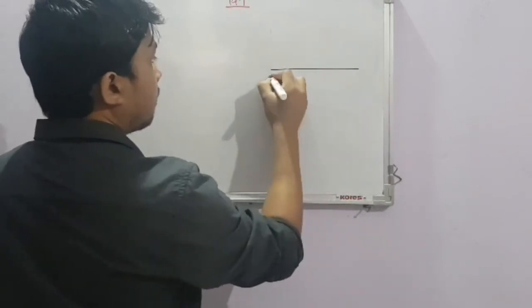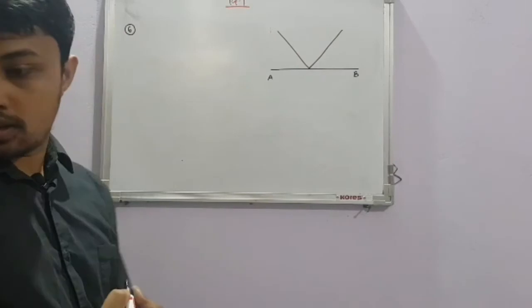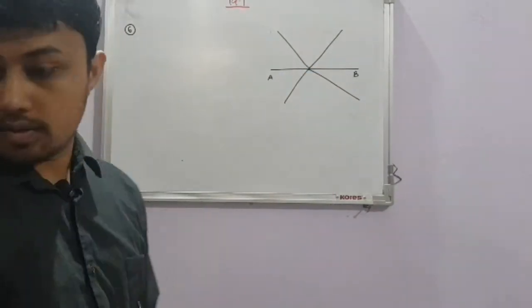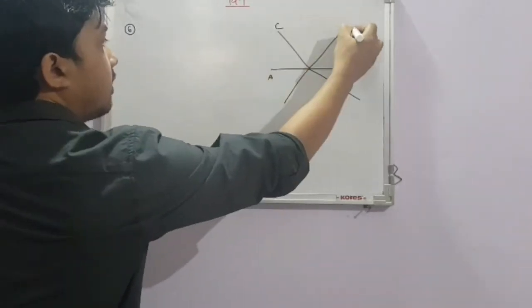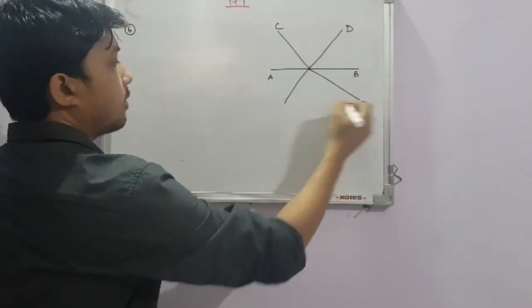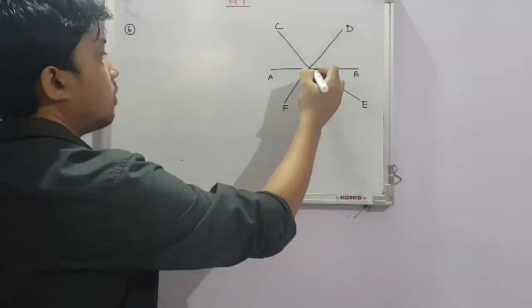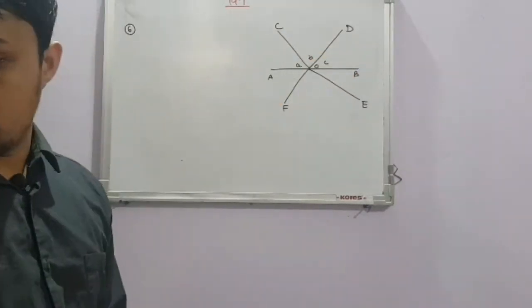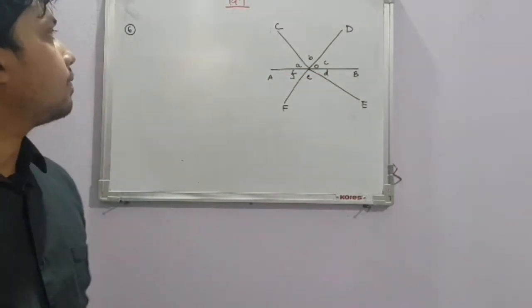So you have AB, CD, we have EF, and then this point is O, and the angles are A, B, C, D, E and F. Okay, beautiful.